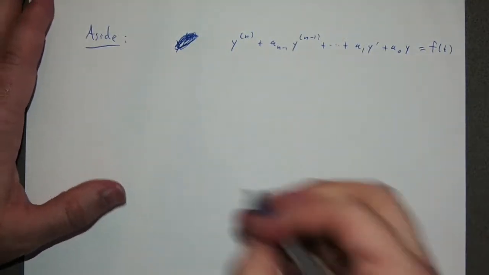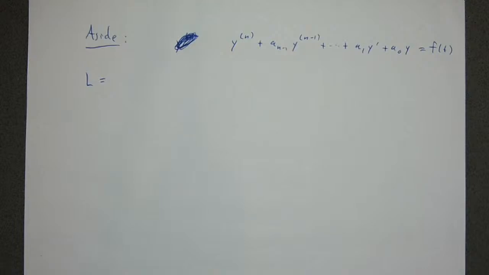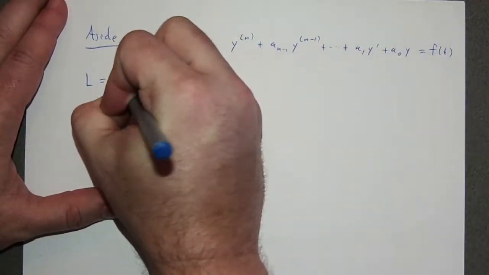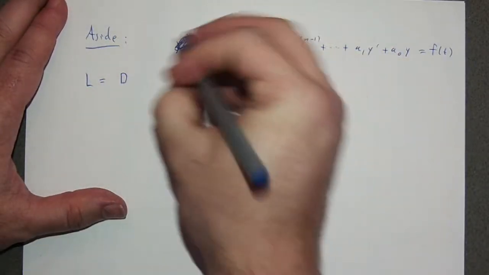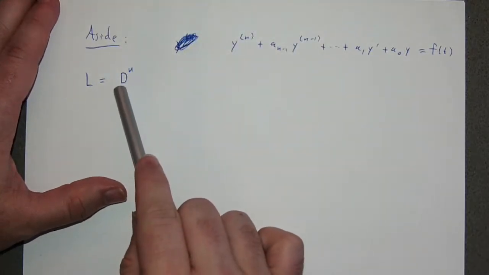We can say let L be this differential operator, which is a thing I talked about, I think, on the very first day of class. So if you go all the way back to lecture 1, or if it's not lecture 1, it'd be in lecture 2, you'll see me writing out a differential operator. Here, my differential operator is going to be D to the n. That is, D is the derivative operator.